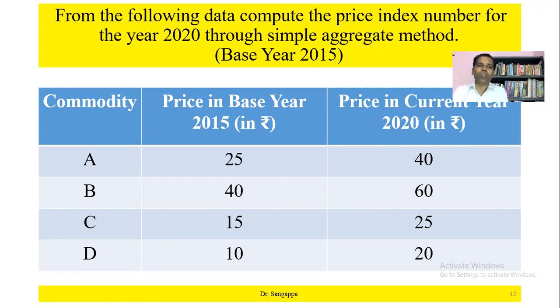The first column shows the commodities, there are 4 commodities A, B, C, D, and the second column shows the price in the base year, which is 2015. The third column shows the price in the current year, which is 2020. So 40, 60, 25, 20. These are the prices of the commodities in the current year.